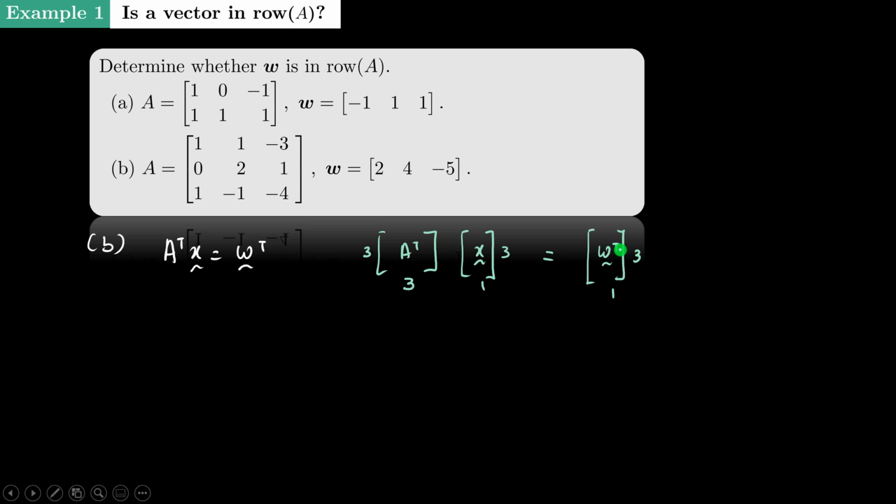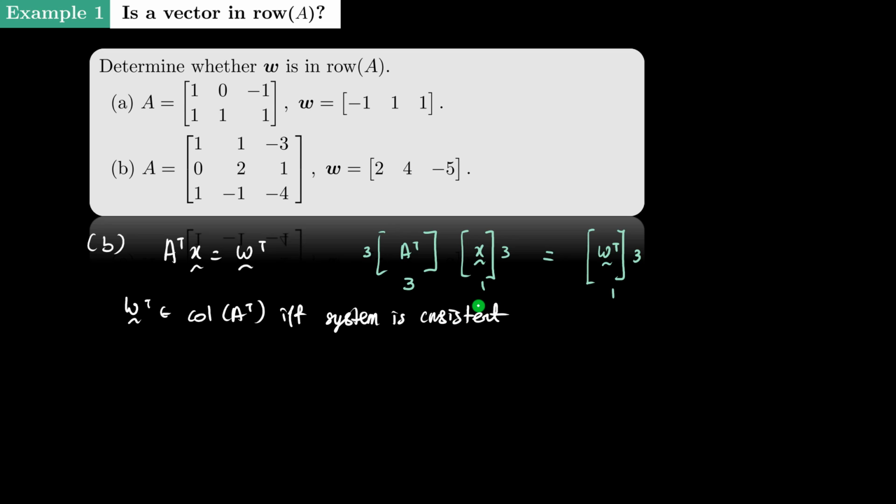So once again, we say that W transpose lies in the column space of A transpose if and only if the system is consistent. And similarly, this implies that W lies in the row space of A if and only if the system is consistent.